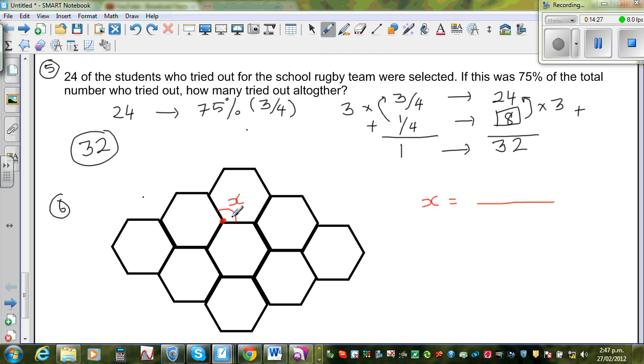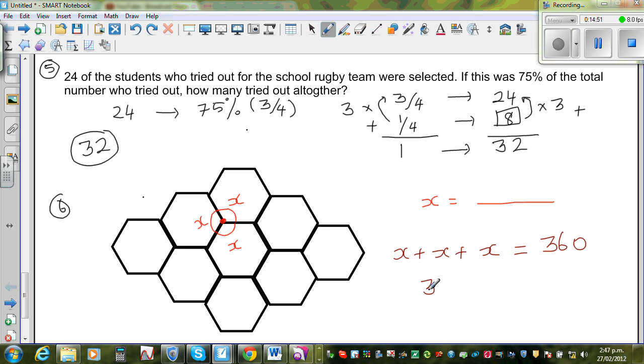If this is x, I can say this is also x, and this is also x. So x plus x plus x is 360. Angles at a point add to 360, or 1 full turn.